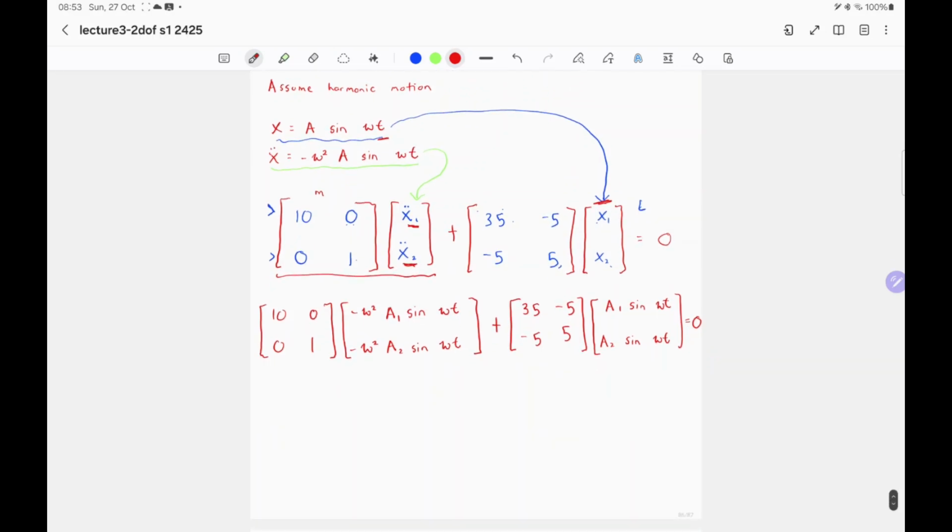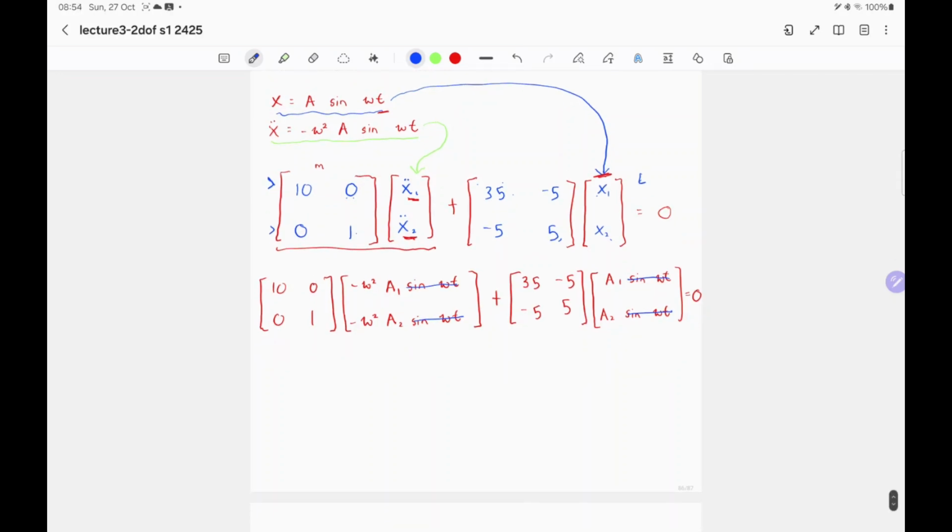So if you look in here, there are similarities, so we can simplify it by cutting off this one. In the end we will get the equation in terms of A1 and A2 here. Basically, what we want to do is find the determinant.